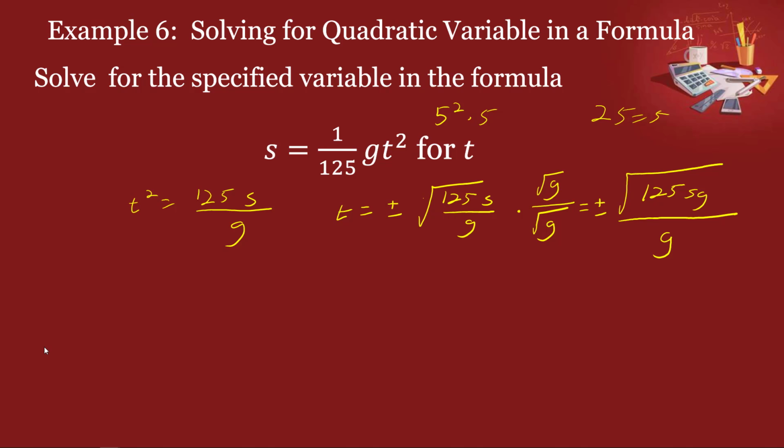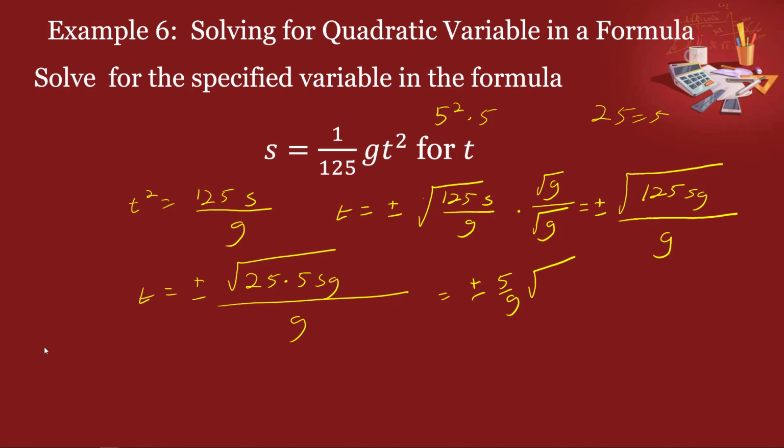So with that in mind, we can substitute, and that will give us that t is equal to plus or minus the square root of 25 times 5 times s g divided by g. Well, the square root of 25 is 5, and this brings us to our final form, which will be plus or minus 5 over g times the square root of 5sg. And there you go. This would be the answer.